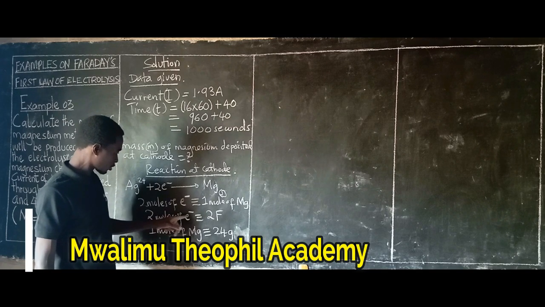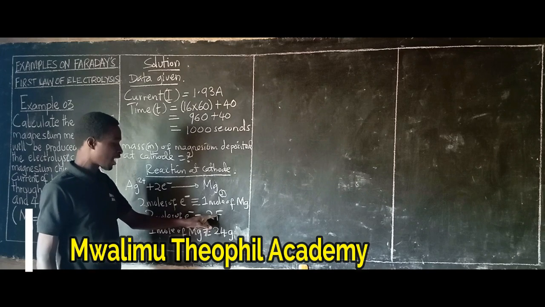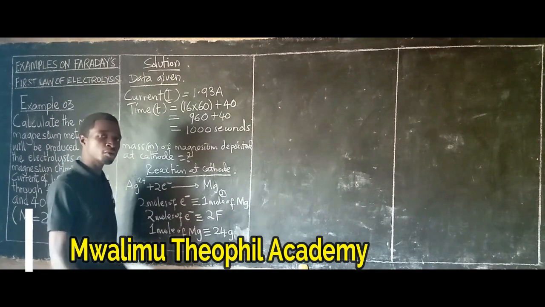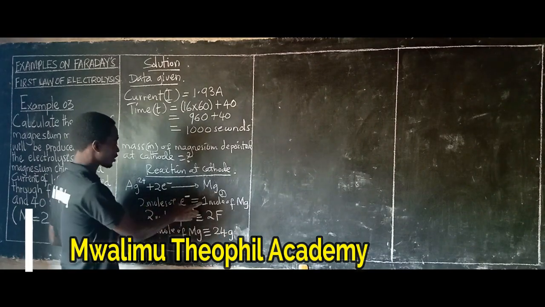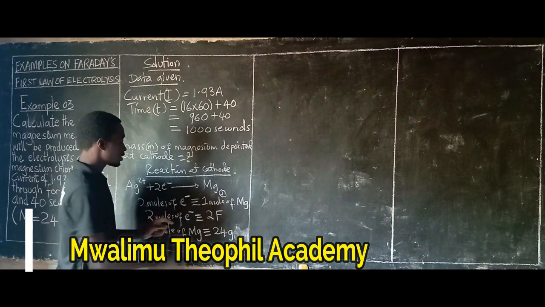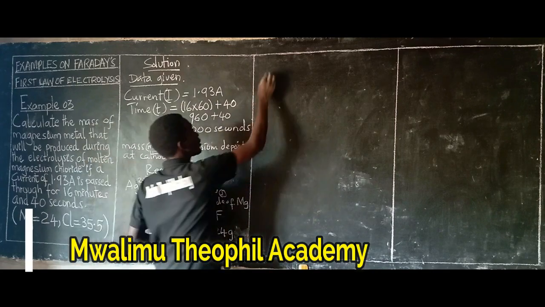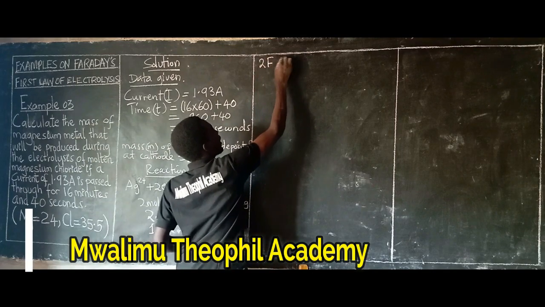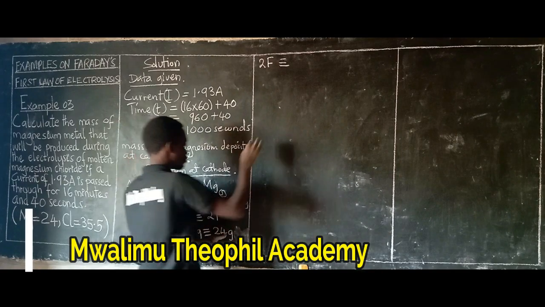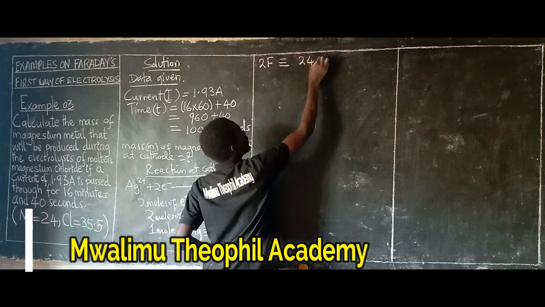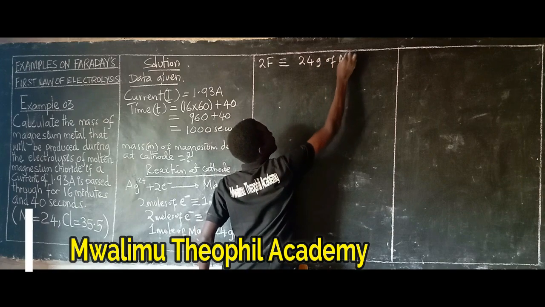Also, I've changed the electrons into Faradays, as the Faradays are finally going to be changed into charge, I mean in form of coulombs. So here, 2 Faradays are equivalent to 24 gram of magnesium.